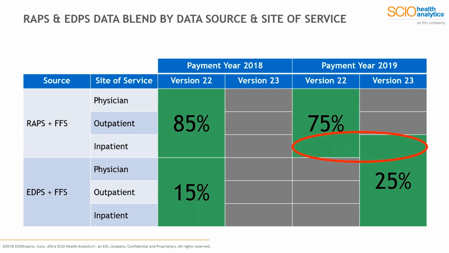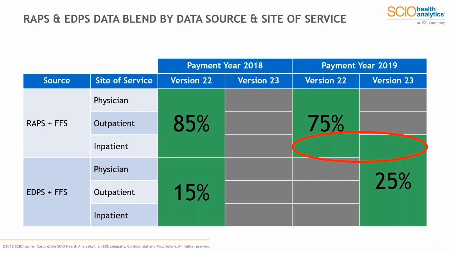So what's happening is, if you don't have your outpatient and physician data in your EDPS side, you're going to lose 25% of that payment for version 23.